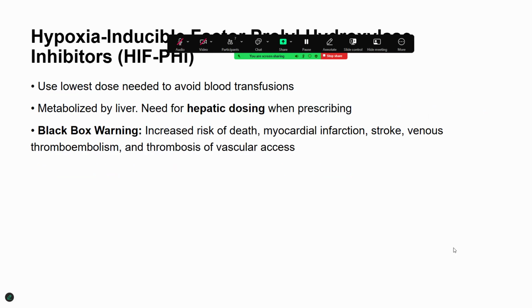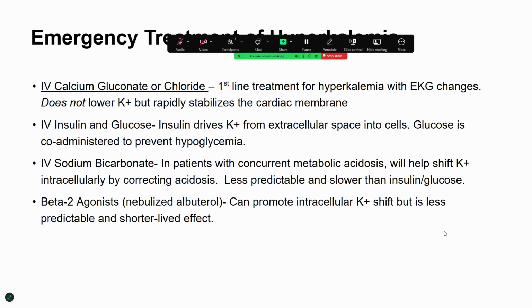It's metabolized by the liver, so hepatic dosing would be necessary for those patients. The black box warning is similar to the warning for any ESAs. I think I read the studies on this, and it was about the same as our regular ESAs, or maybe a smidge higher as far as the clotting, the thrombosis.